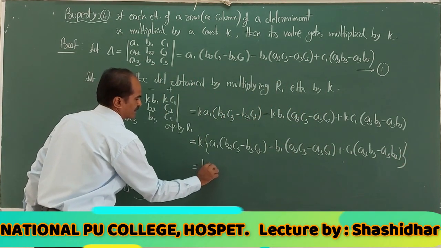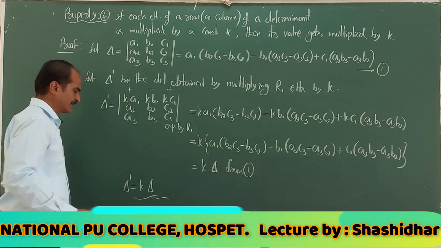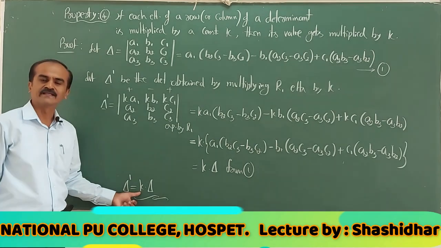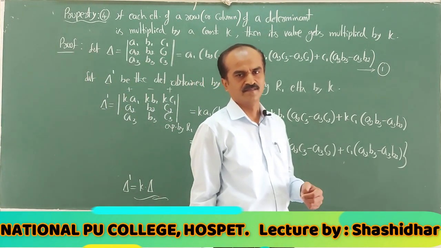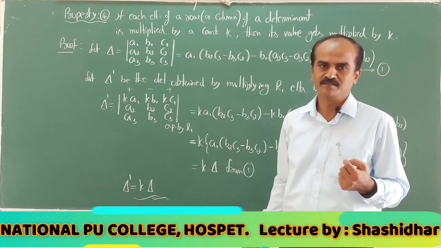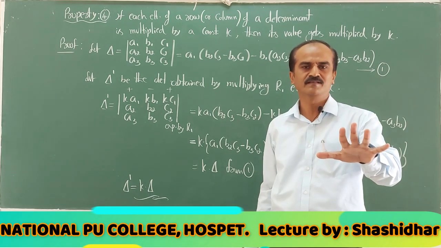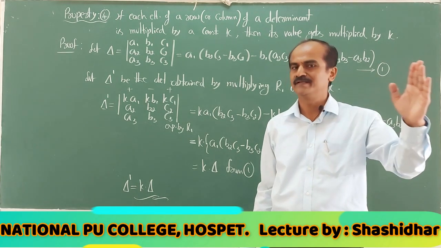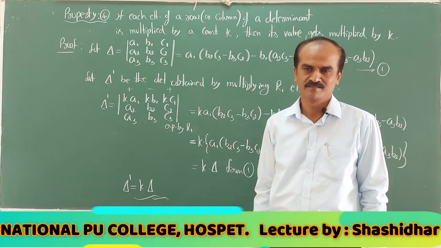So I can write k times of delta from 1. Therefore, delta dash is k times of delta. In this way, in a determinant, if you multiply any one row or any one column with some constant k, then the whole determinant value gets multiplied by that constant. That is the property.